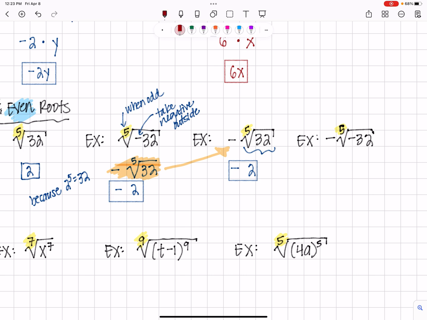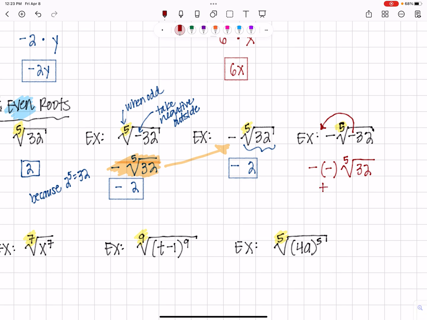This negative on the inside, I can take to the outside. And there's already a negative on the outside, so I'm going to have 2 of those. A negative times a negative times the fifth root of 32. So we took that negative to the outside. Well, 2 negatives make a positive. So I've got the positive fifth root of 32. And the fifth root of 32 is 2. Positive 2 is my answer.